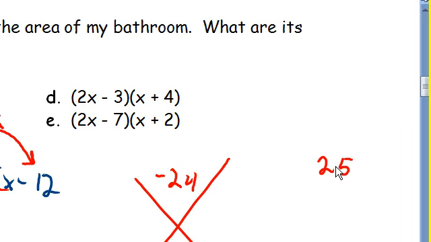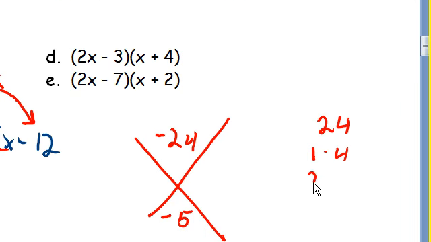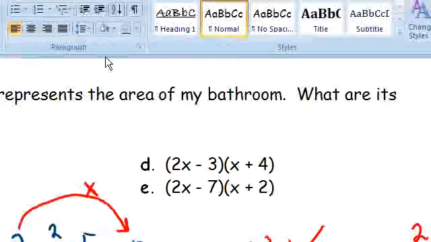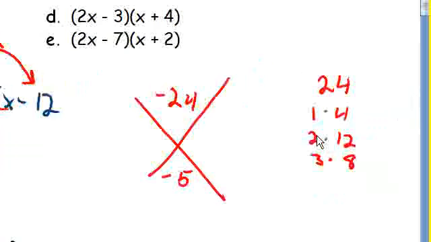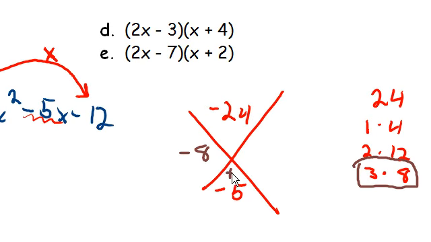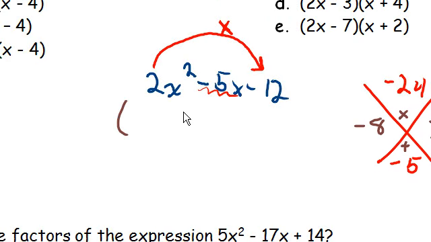Factors of 24 are 1 and 4, 2 and 12, 3 and 8. Right there, bingo. 3 and 8. We can get 3 and 8 to add up to negative 5 because negative 8 plus 3 is negative 5 and negative 8 times 3 is negative 24. So there are our factors.